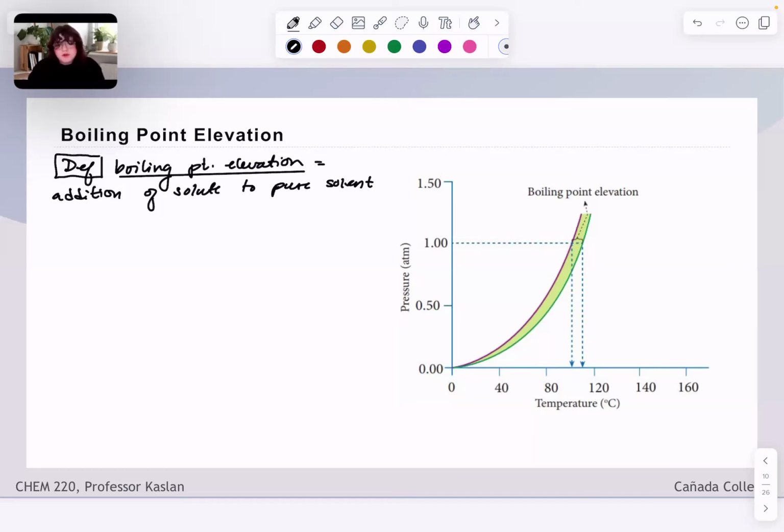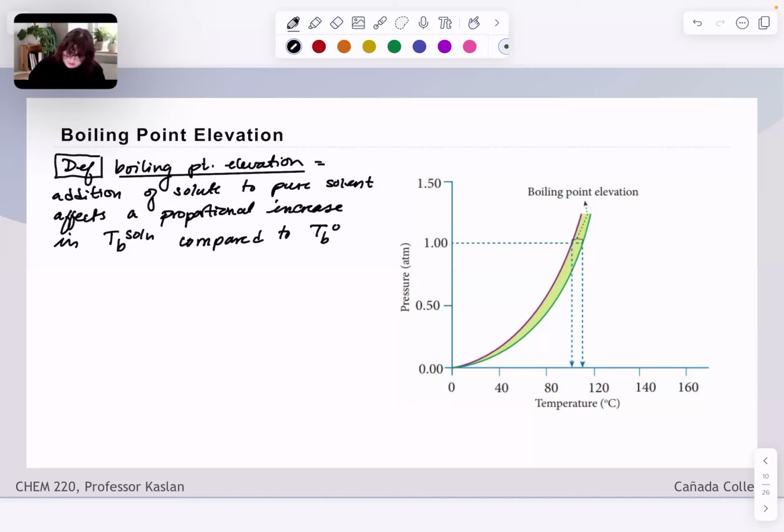So the addition of solute to our pure solvent affects a proportional increase in the boiling point of the solution compared to the boiling point of the pure solvent.